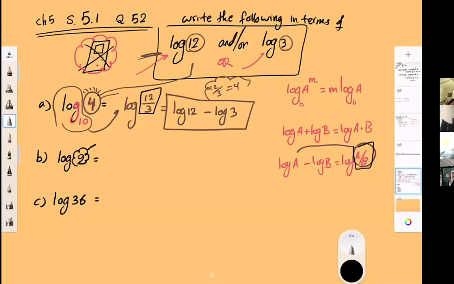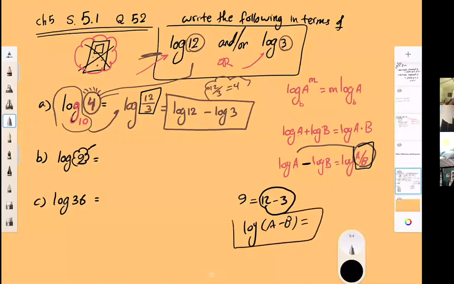If you say 9 equal to 12 minus 3, which is correct, we don't have any formula for log of a minus b. We have minus here, but it is log of a minus log of b. We don't have any formula for this one. So that's the mistake if you use that.